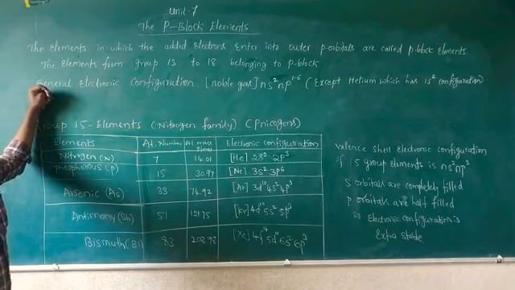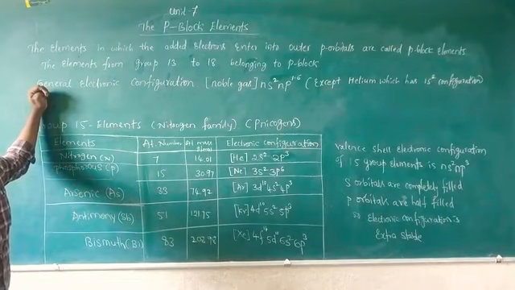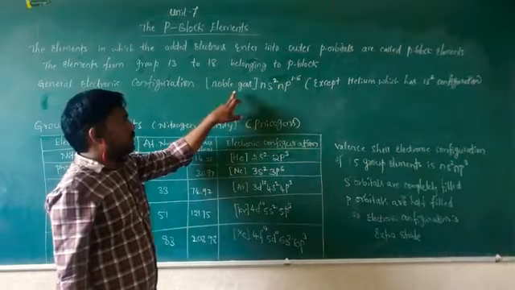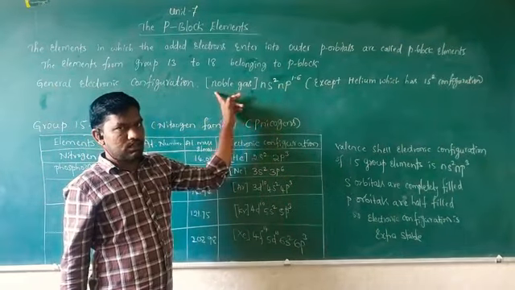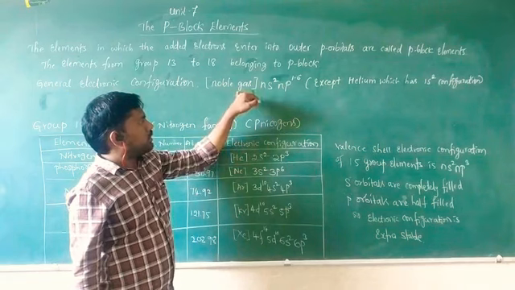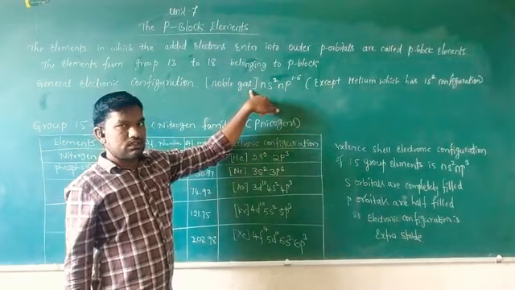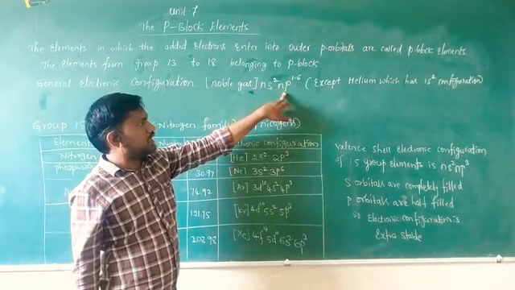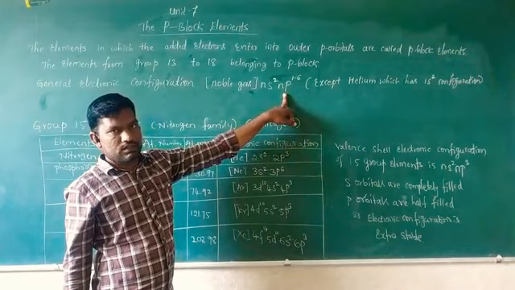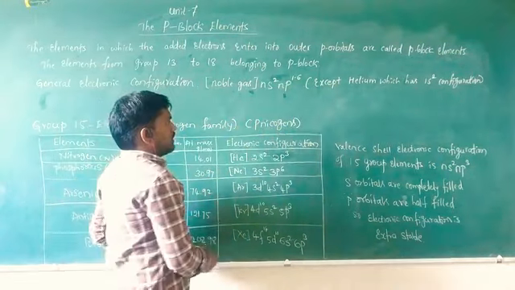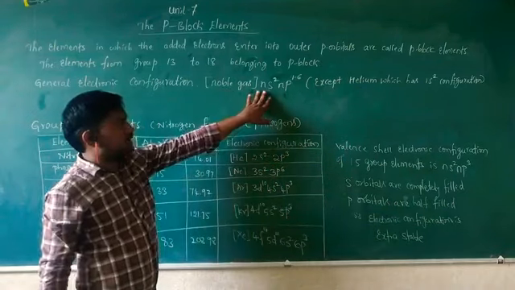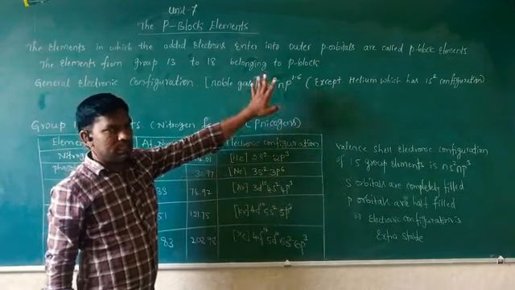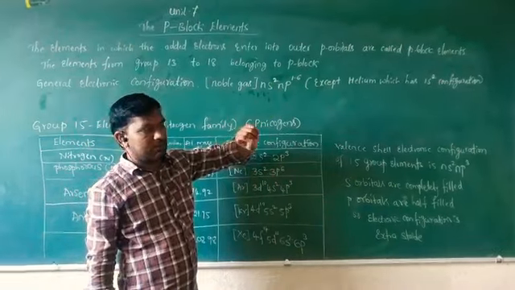The general electronic configuration of the p block elements is a noble gas configuration followed by ns2 np1 to 6. Except helium, it is a general electronic configuration, not for helium, for period 1.